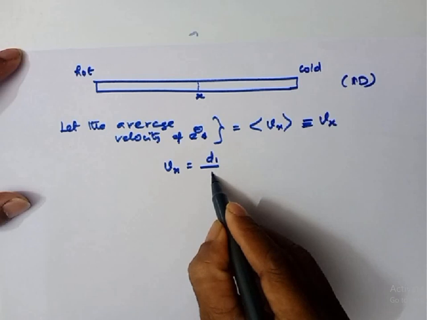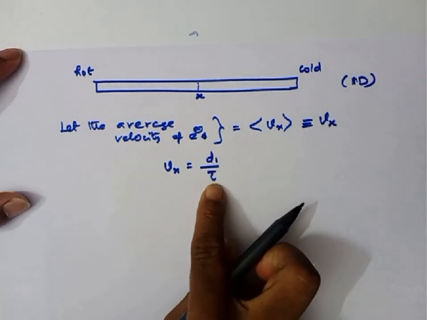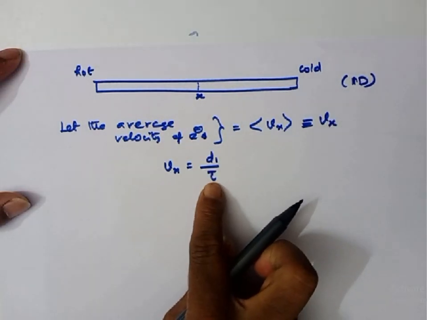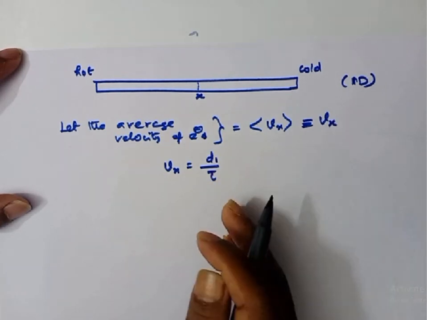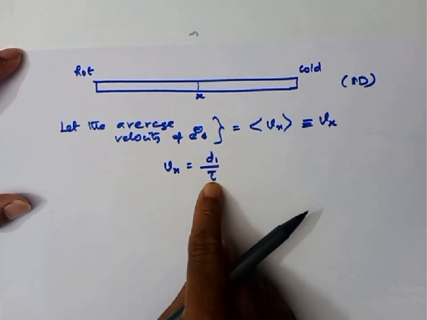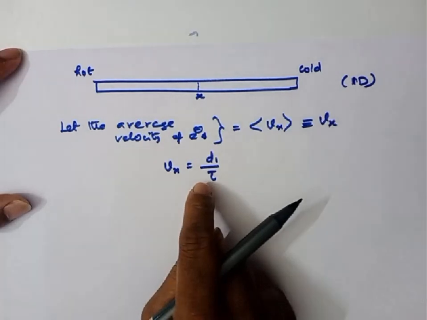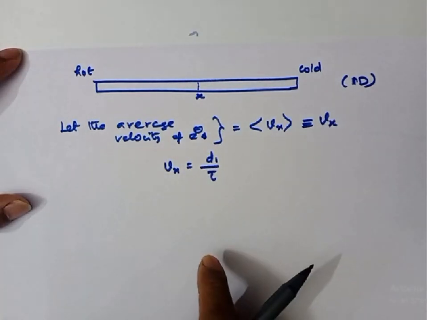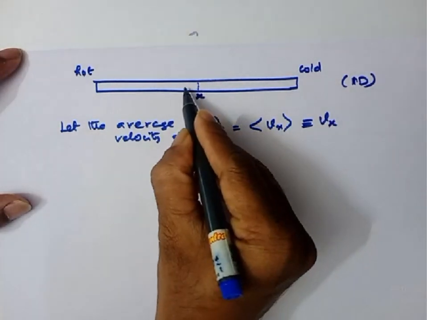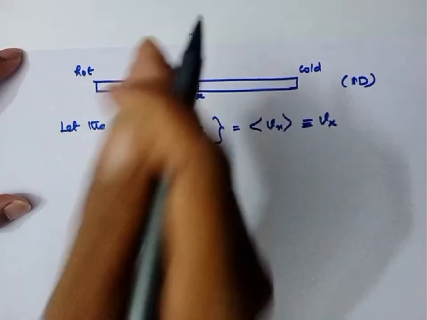If I take time as tau, what is tau? It is the mean time between two successive collisions, right? So when the time becomes tau, definitely one collision will occur, right? So before this point X, where would the last collision occur?